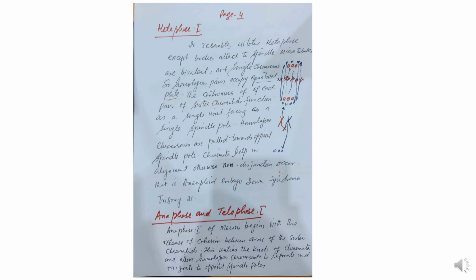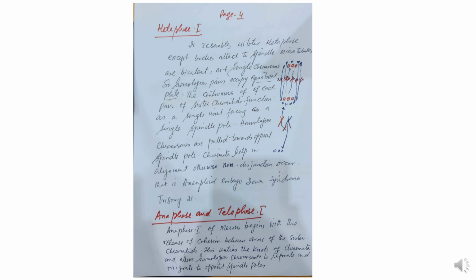One pair is attached by a chromosomal fiber, as previously discussed, to one side, and the other pair is attached to the other side. So when separation occurs, one pair is carried to this pole, the second to the other pole. Each chromosome is not attached by chromosomal fibers to both poles.